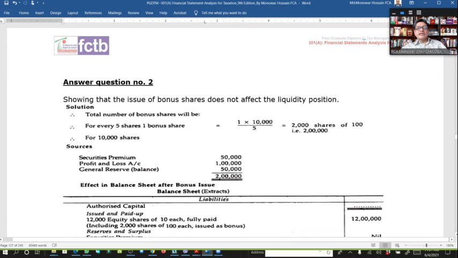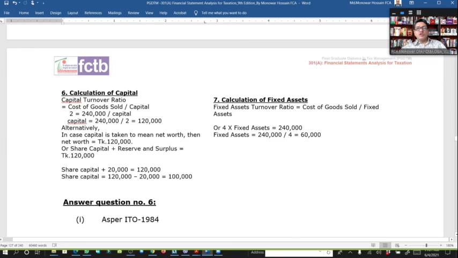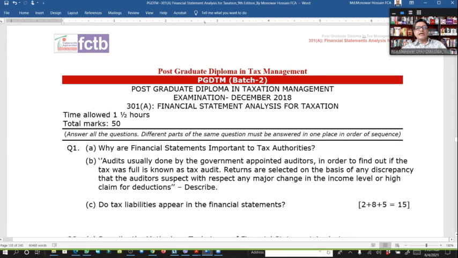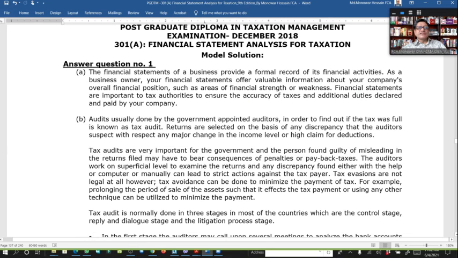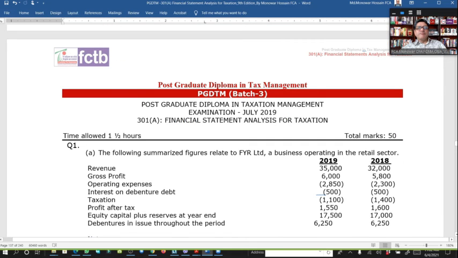All that soft copy is in my Google Drive also, and you can download it from here. I will also upload this newly. So here batch 2, that was the question and this is the solution. Batch 3, it was the question and it was the solution.